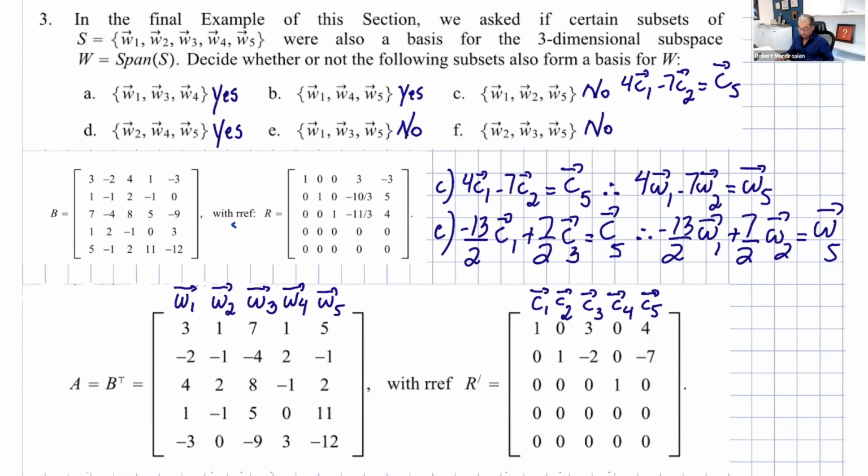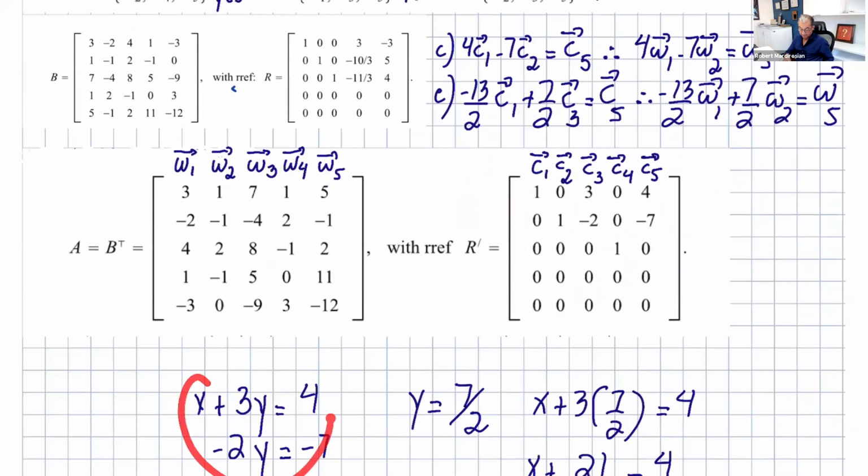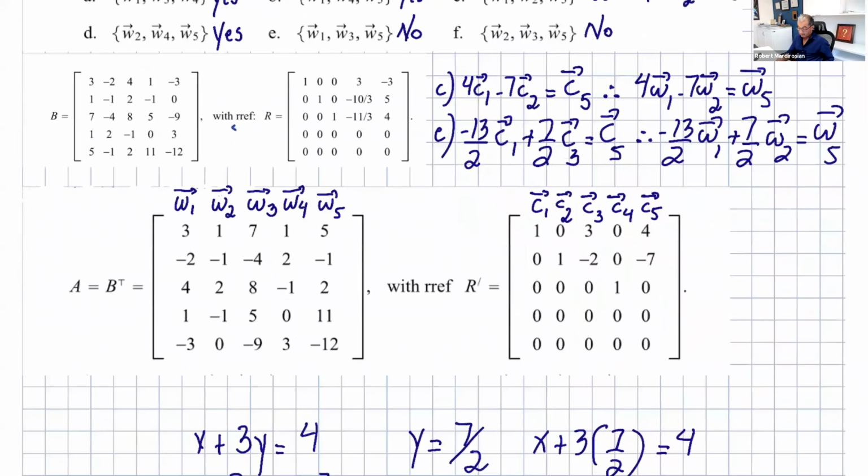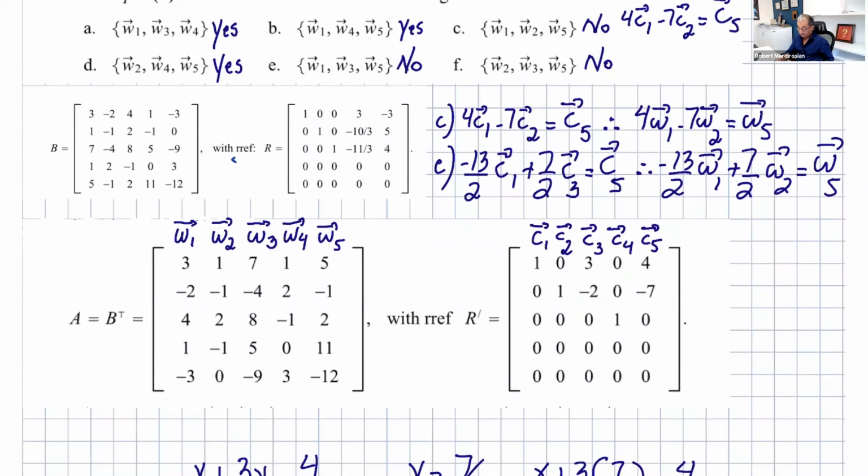You can write a simple system and find that, but just by inspection, we can tell C5 can be written as a linear combination of C2 and C3. Therefore, W5 can be written as a linear combination of W2 and W3. So that cannot form a basis because these three vectors are dependent.